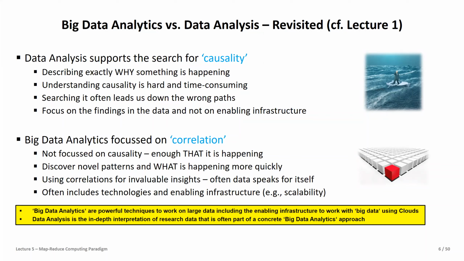So here we think about the data speaking for itself somehow. We look for patterns, and big data analytics has lots of computing power, an enabling infrastructure that goes along with it, right? We don't do scikit-learn on our laptops anymore. We do large Apache Spark runs with Python Spark and the machine learning library, for instance, on a whole cluster. So this is much more the big data analytics term.